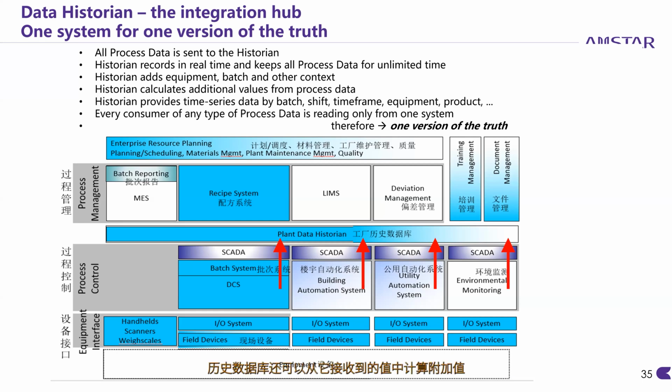Also, the historian can calculate additional data from the values it receives. And you can look at the data in so-called time series data by batch shifts, easily filter it out. Every consumer of any type of process data is reading just from the historian, and therefore we have something which we call here one version of the truth.